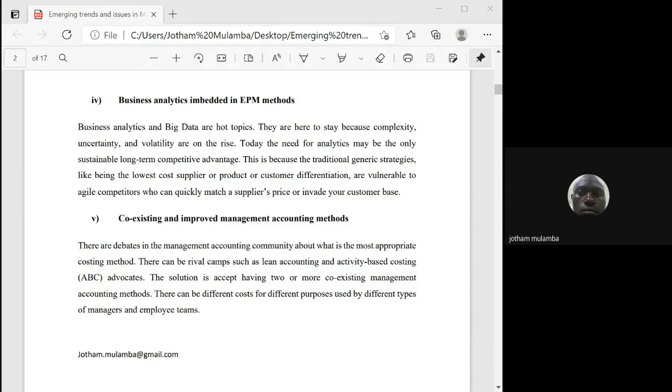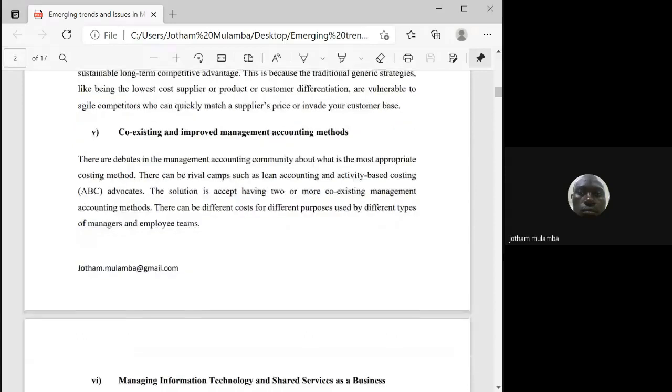Then the next area where management accounting is also expanding, number 5, is coexisting and improved management accounting methods. We have other methods which are improving how we evaluate our management accounting, and one of these methods is activity-based accounting.